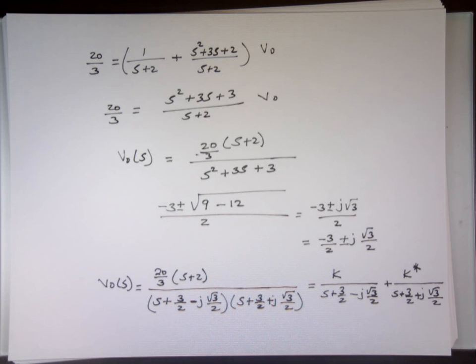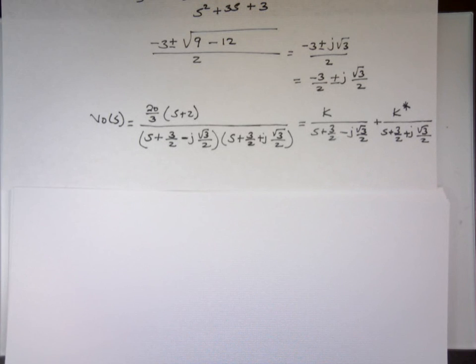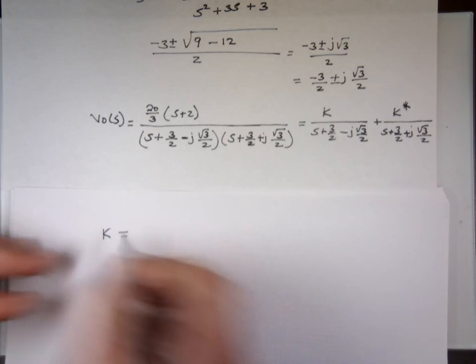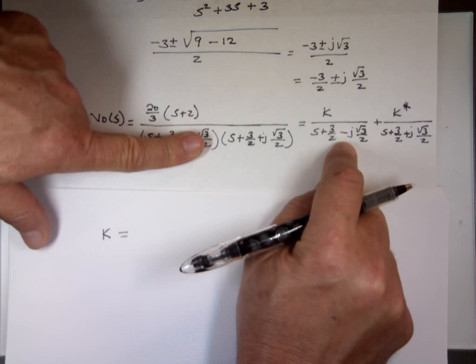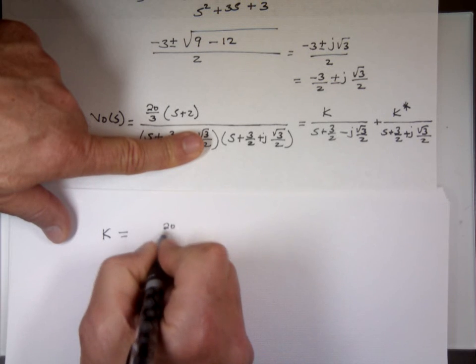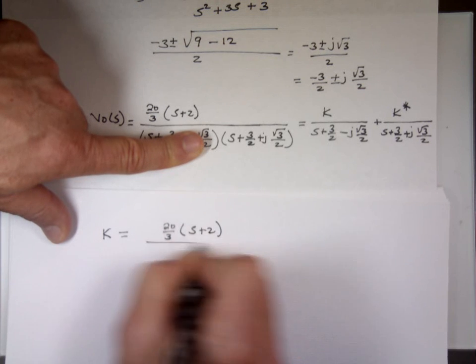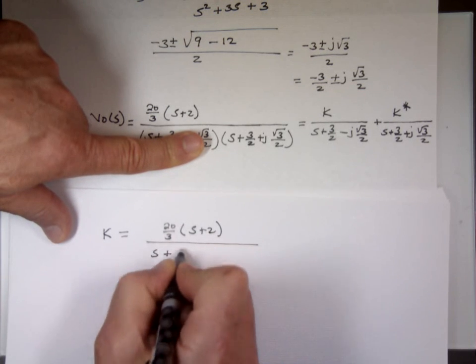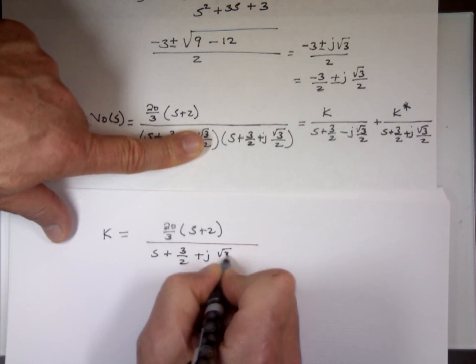So let's find K. How do we find K? Notice K is sitting on top of the minus here, so this piece is gone. So it's going to be 20 over 3 times s plus 2 divided by s plus 3 over 2 plus j, the square root of 3 over 2, when s equals, what makes the bottom 0?